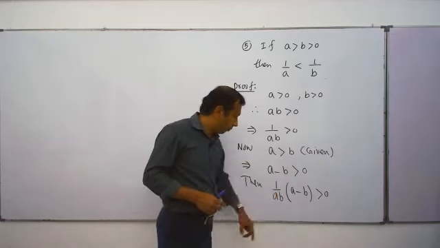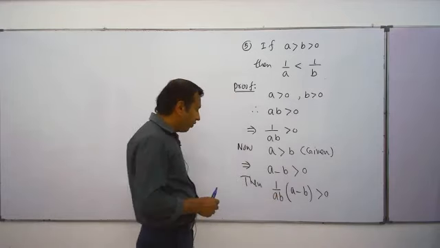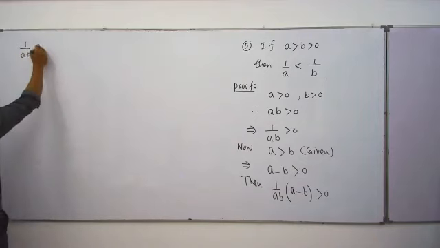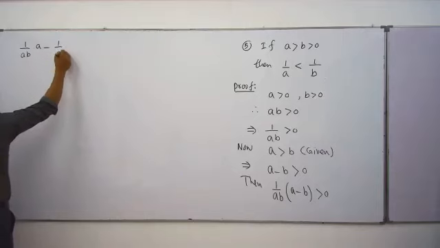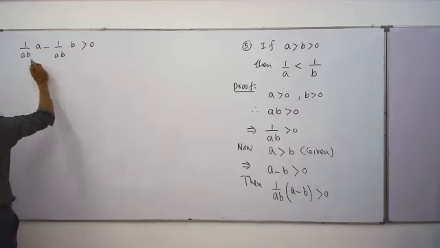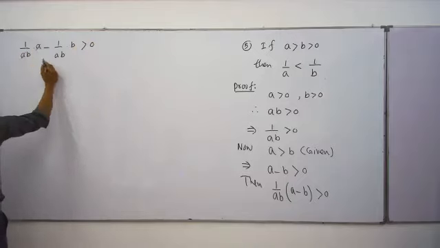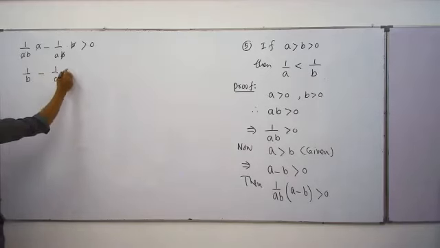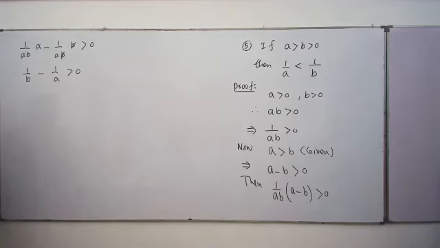This way, I will remove the bracket. What is that? 1 upon AB into A minus 1 upon AB into B greater than 0. Now, this A and this A you can cancel down. This B and this B you can cancel down. What do you get? 1 upon B minus 1 upon A positive. 1 upon B minus 1 upon A positive means, people, this difference is positive.